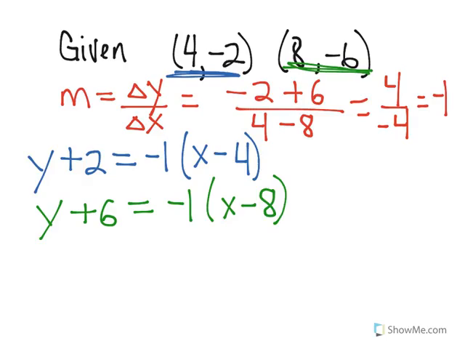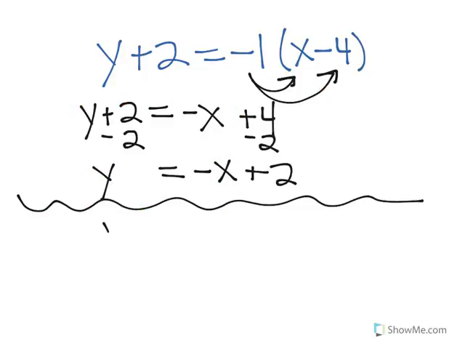What if I had chosen the green equation? y plus 6 equals -1 times the quantity x minus 8. We should end up with the exact same equation in slope-intercept form. Let's check our work. So we'll go to y plus 6 equals -1 times the quantity x minus 8.